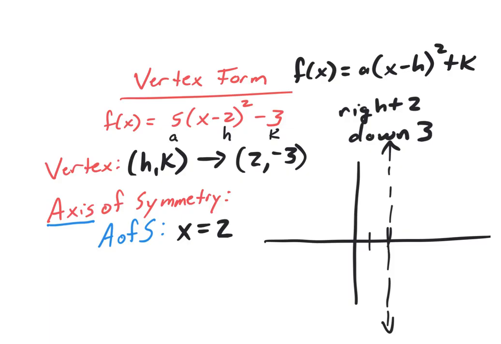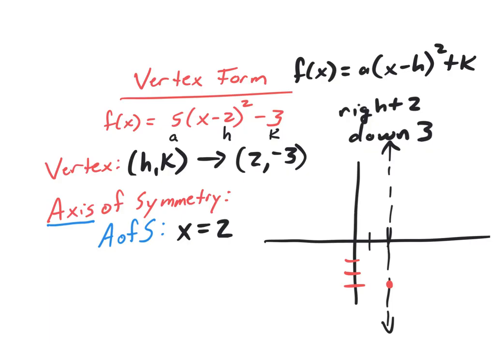So that's the line that's going right down the middle of the parabola. That's why we call it the axis of symmetry. Your vertex is going to land right on that axis of symmetry somewhere, okay? We said the vertex is at (2, -3). So we went right 2, we went down 3, and it's right there on that line.